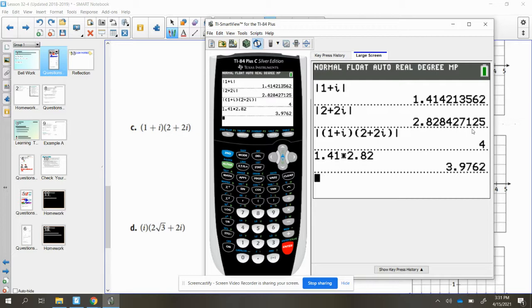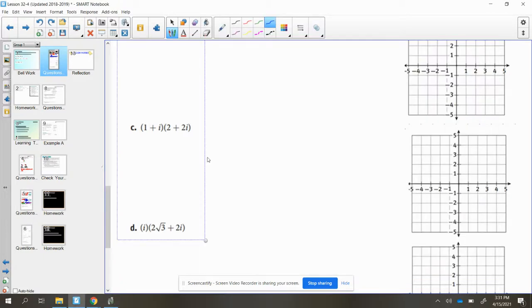Again, if we use these exact values, we would have those. Okay, we see that in action on that, and then it would be the same thing with the arguments. We could see that they would be added together.